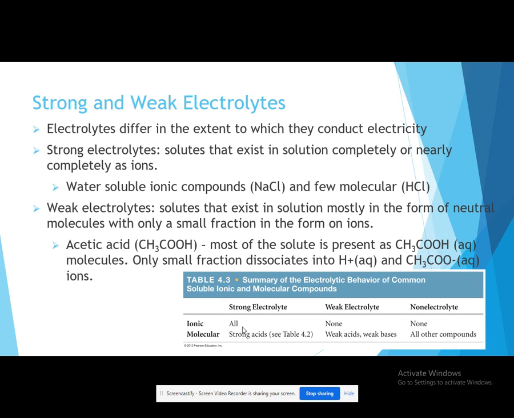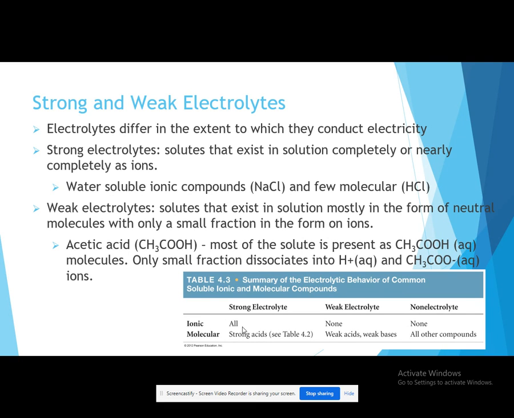Okay. So how do I know, once it's an electrolyte, if it's a strong or weak electrolyte? Because there are going to be varying degrees of strength. Electrolytes differ in the extent to which they are able to conduct electricity. Some do it better and some do it not so well. Strong electrolytes are solutes that exist in solution completely or nearly completely as ions. They're extremely separated.